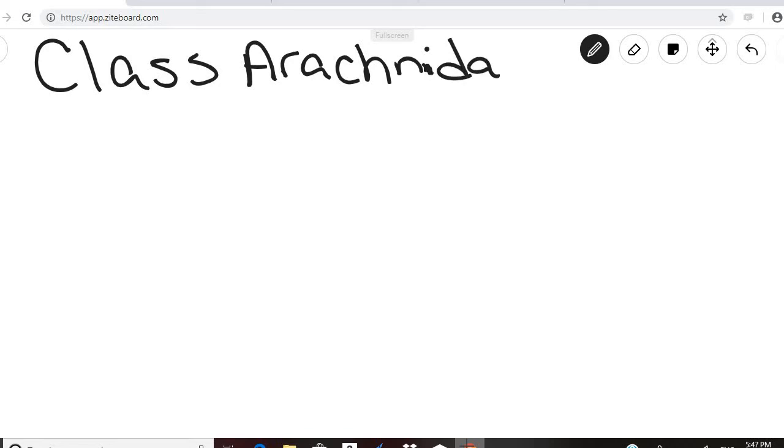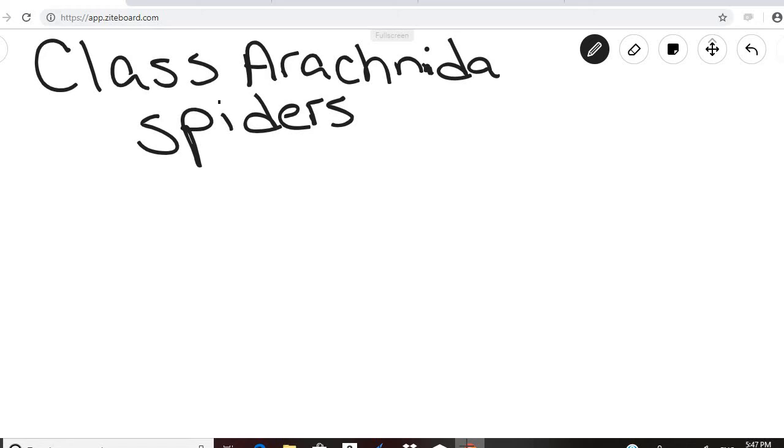And class Arachnida are the spiders. So let's look at some common characteristics of spiders, and then we'll move on to insects.